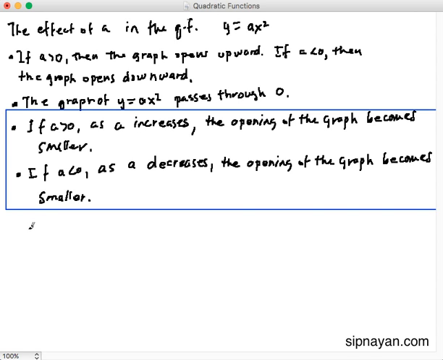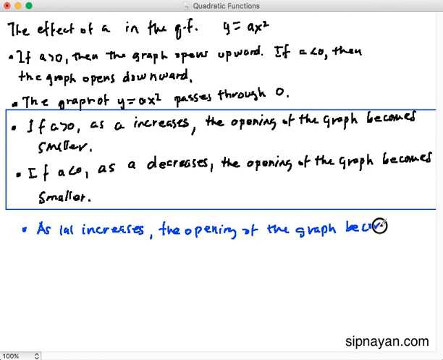As the absolute value of A increases, the opening of the graph becomes smaller.